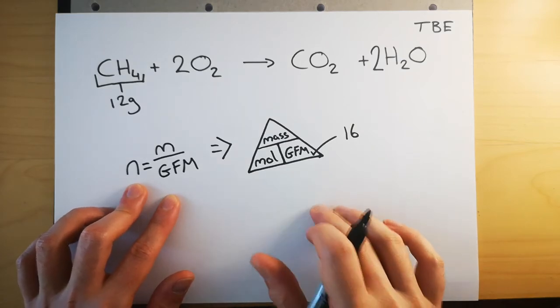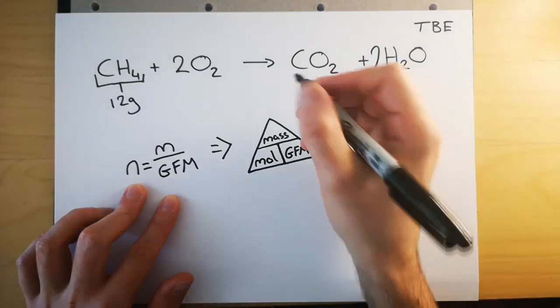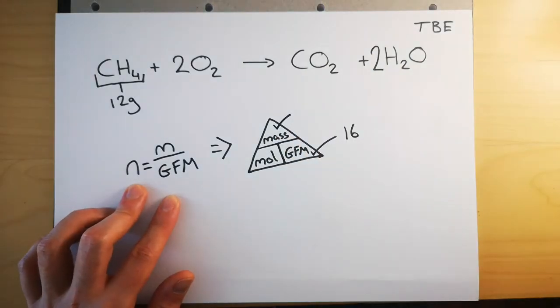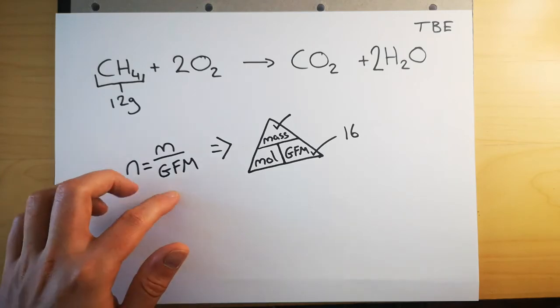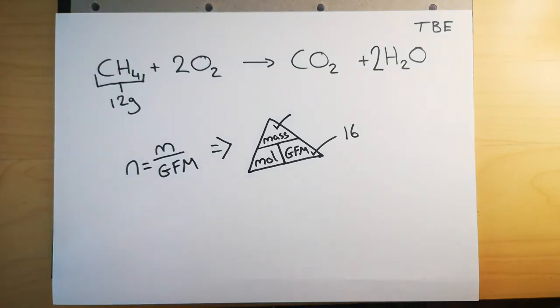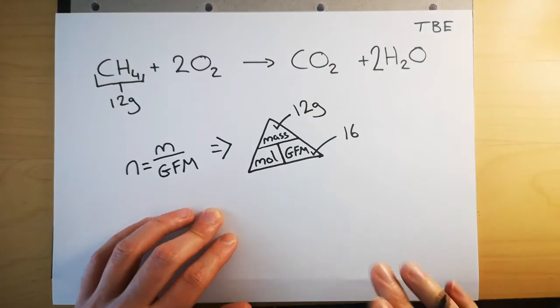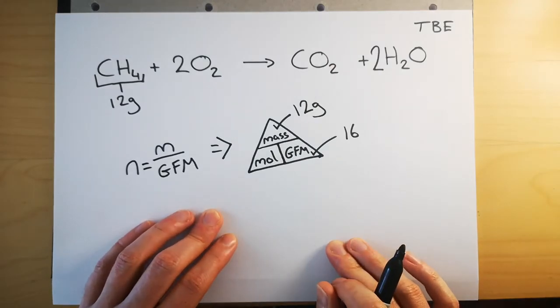The mass itself is given to you in the question. They might have decided to give you the moles, or they might have decided to give you the mass. They can decide what they give you, but I've ticked off the ones that I've been given, and we were given 12 grams of methane.